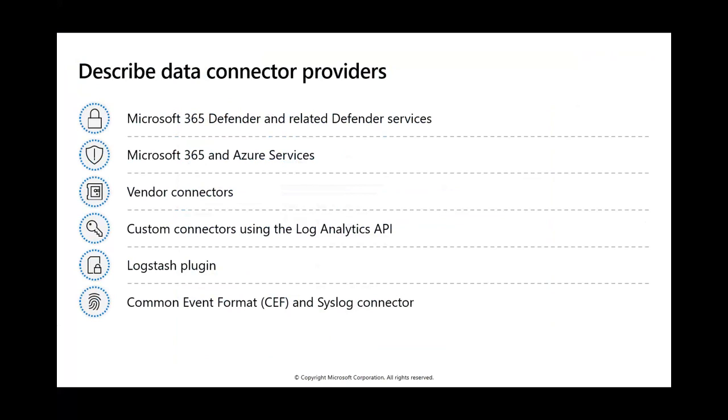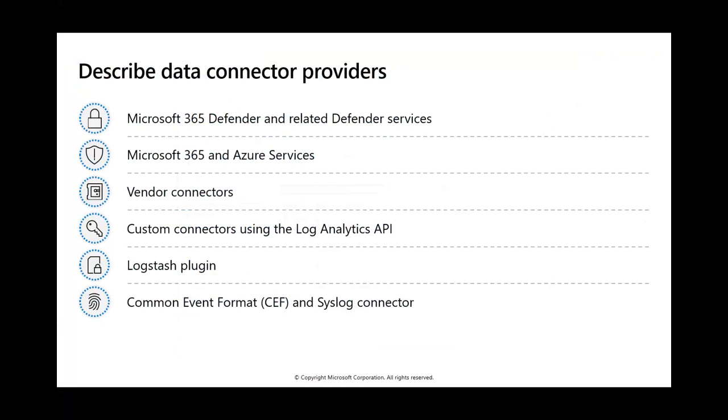Some data connector providers, the Microsoft 365 Defender and related data connectors, will provide alerts and data that has already been normalized and used in the Microsoft 365 Defender portal. The 365 Defender products will include connectors for Microsoft Defender for Endpoint, Defender for Identity, Defender for Office 365, and Defender for Cloud Apps.